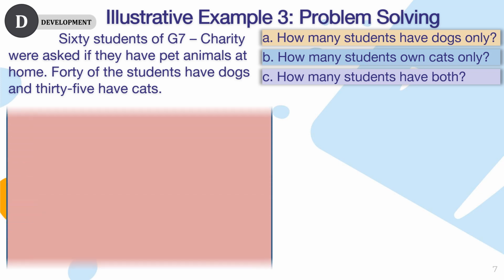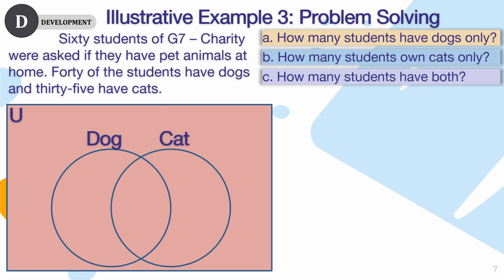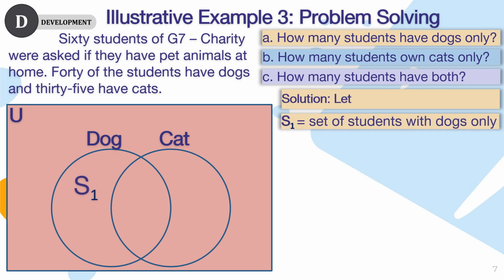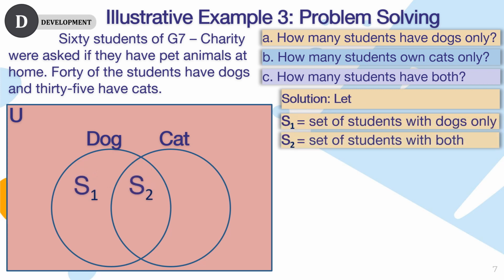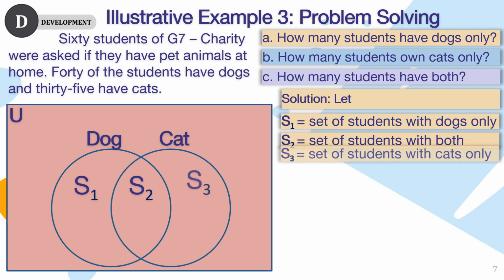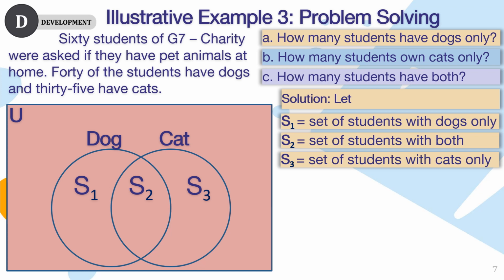First, let us draw our Venn diagram, composed of a box with two overlapping circles, then label them U as the universal set, then the circles as dog and cat. To start with our solution, let S sub 1 be the set of students with dogs only, S sub 2 be the set of students with both, and S sub 3 be the set of students with cats only.